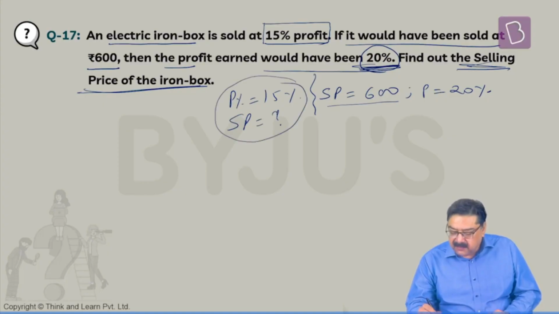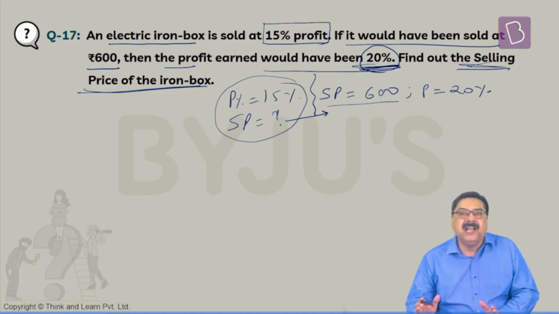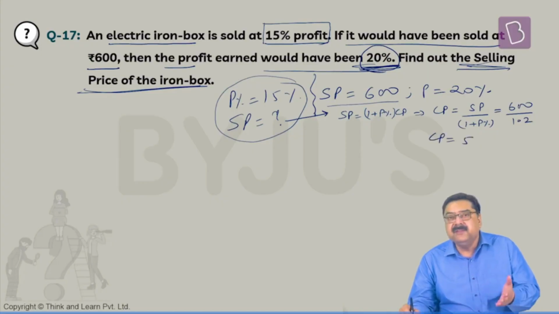This can be found out by first finding out the cost price of the iron box. So we know selling price is equal to 1 plus profit percent into CP, which means cost price is selling price by 1 plus profit percent. So from this we get 600 by 1.2. So the cost price works out to be 12 fives are 60, so 500.